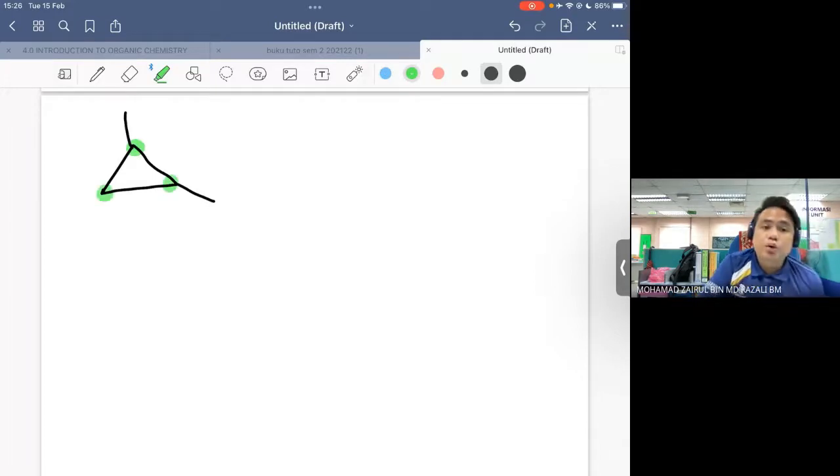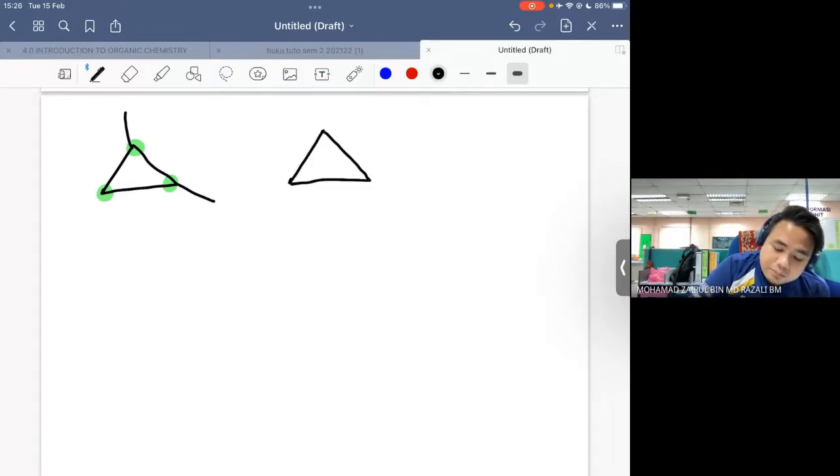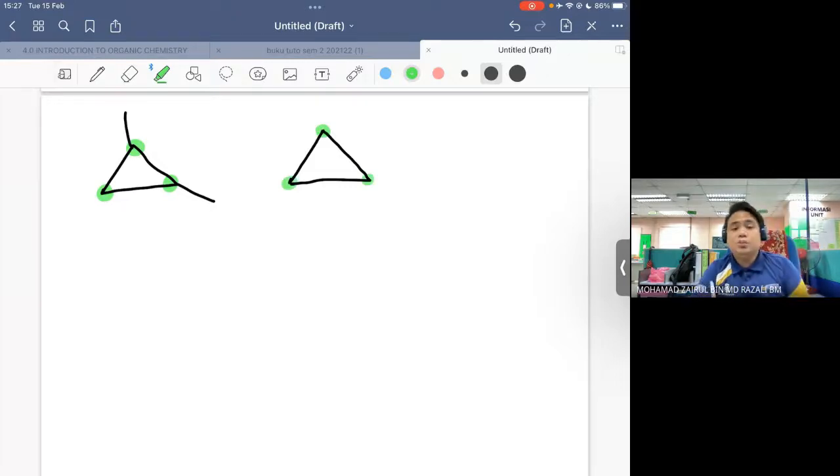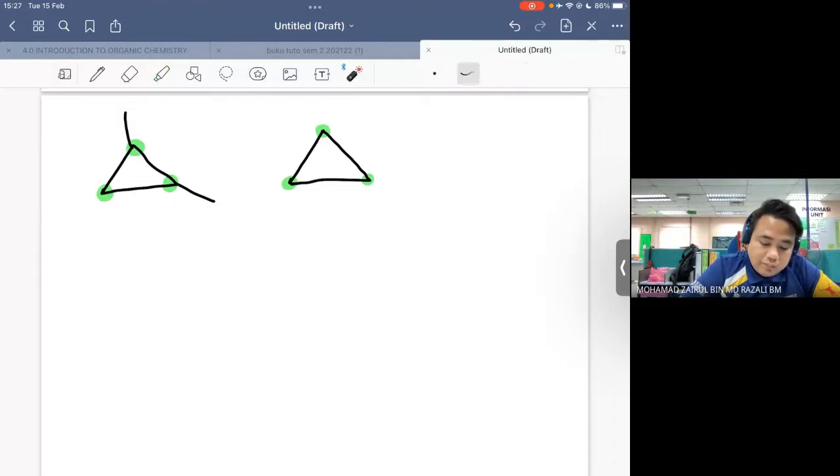So in order to draw the positional isomer, saya kena make sure parent saya tak berubah size. So masih 3 carbon. But what I can do is I change the position of the substituent ataupun of the branch itu. Kalau awak tengok sini, we have one branch at this carbon and another branch at this carbon. So kalau saya nak change dia, saya boleh buat macam ni.